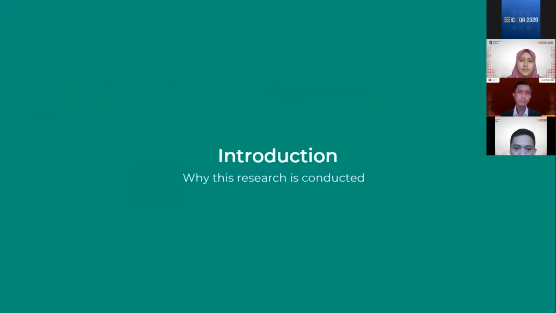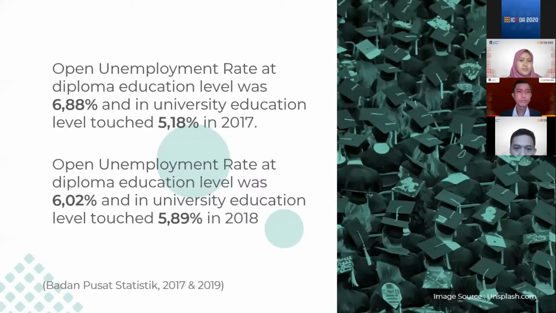So let's jump into the introduction, and I'll tell you why this research was conducted. One of the main reasons is that the open unemployment rate in Indonesia, based on educational level, is pretty concerning.